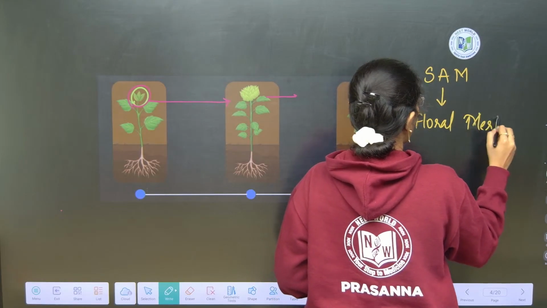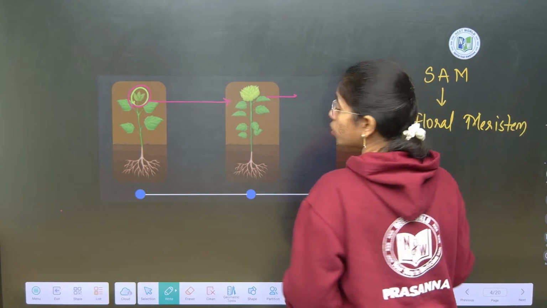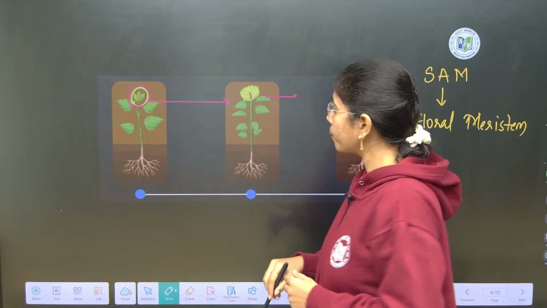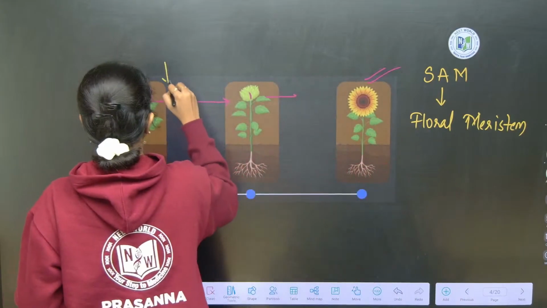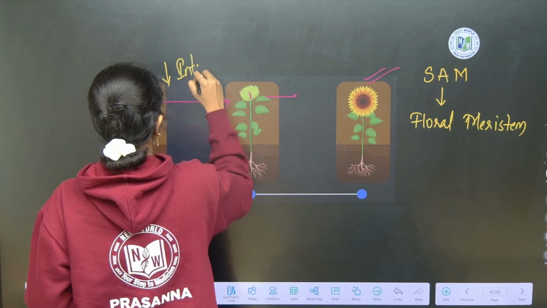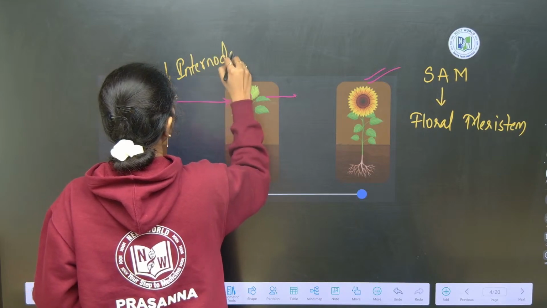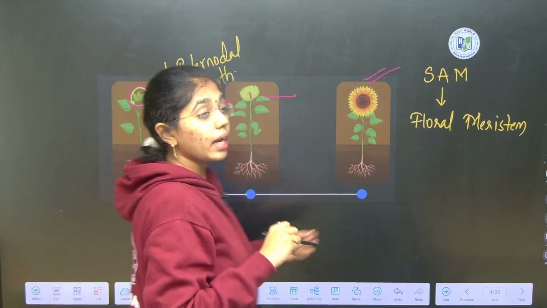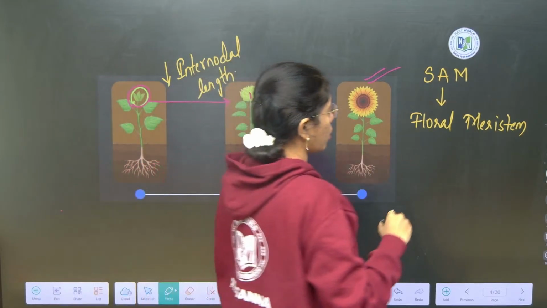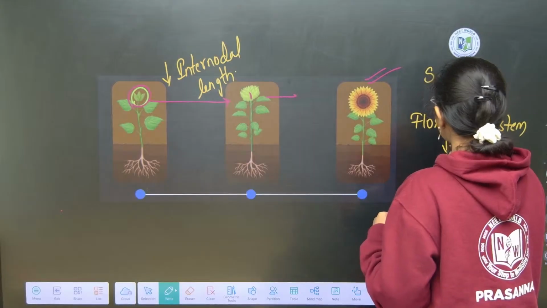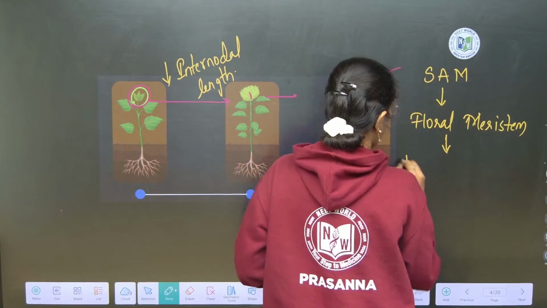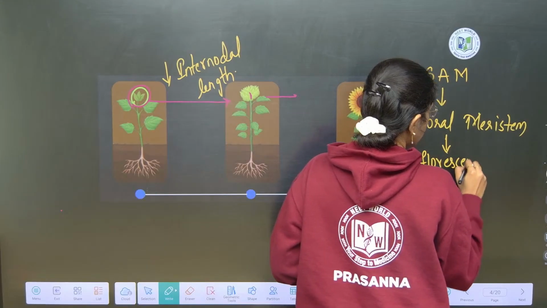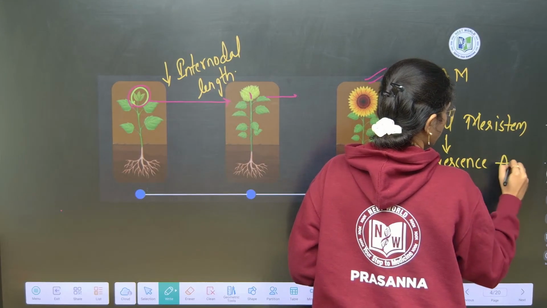How will shoot apical meristem turn to floral meristem? By reducing the internodal length. This floral meristem will mature into the inflorescence axis.